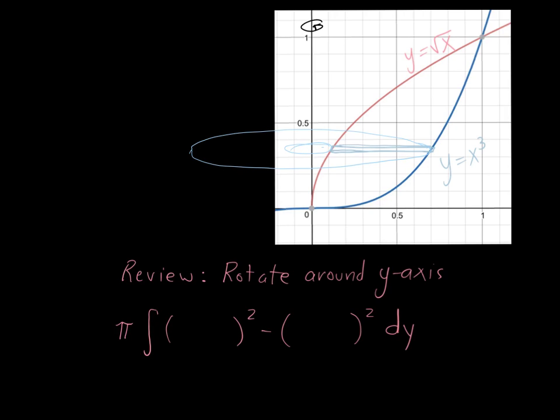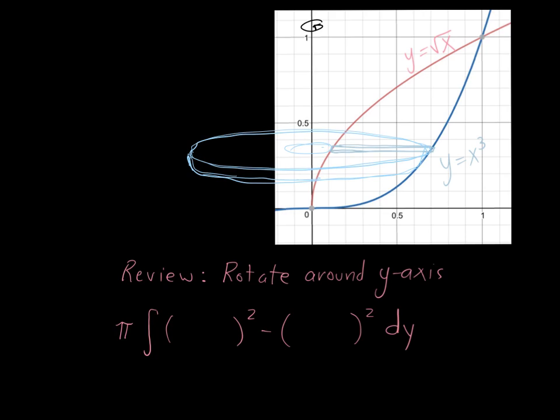It's got this empty space in the middle, but it looks kind of like this. Everything's in terms of y once we change over. If you're working with a horizontal rectangle, everything's in terms of y, and that's never going to change no matter what kind of volumes we find.